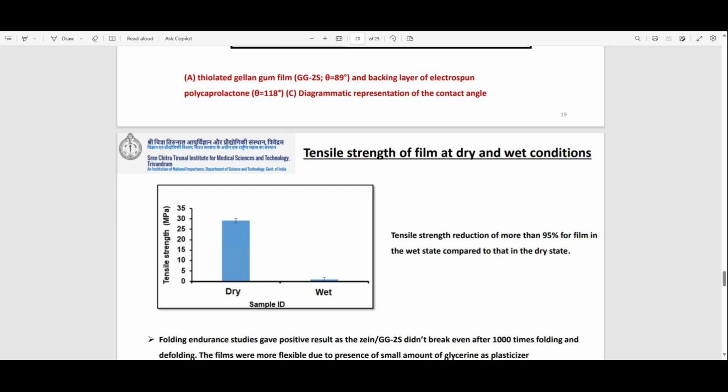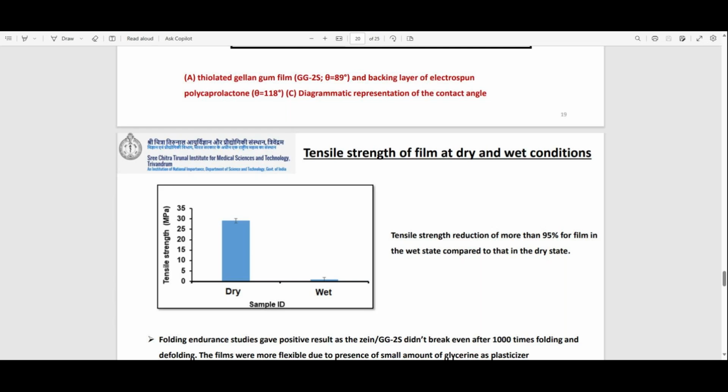In the dry condition, we got a tensile strength of around 30 megapascal, and when it is wet, after swelling, it becomes more fragile, and the tensile strength reduces to around 2 megapascal. But still, it is good enough because it has a strength of 2 megapascal.